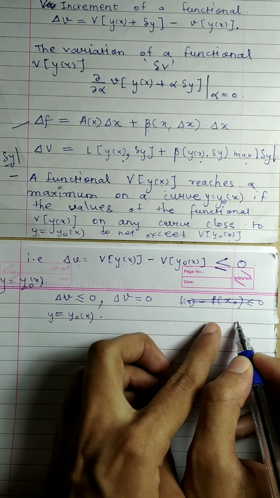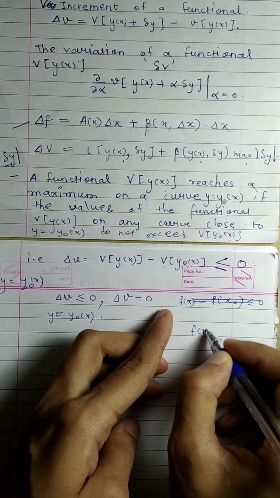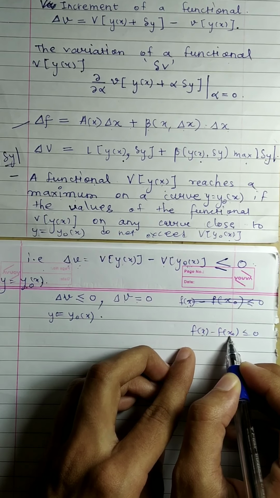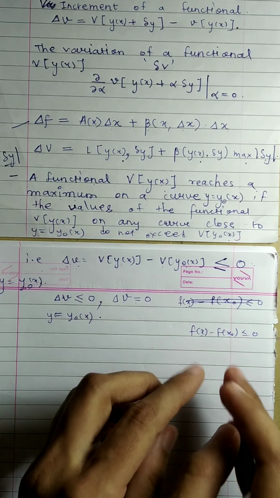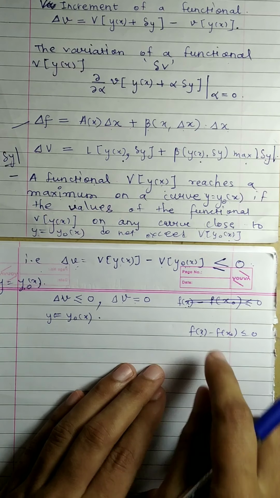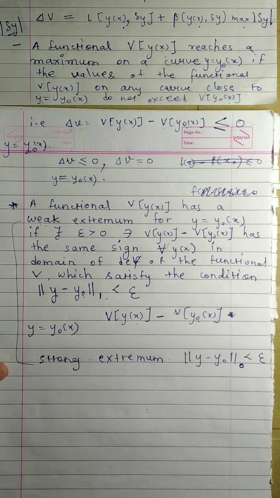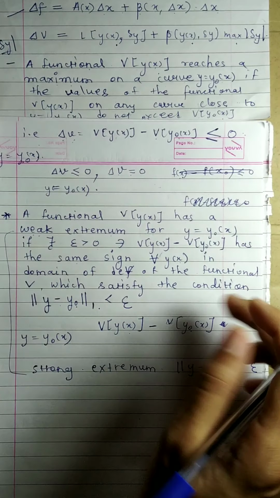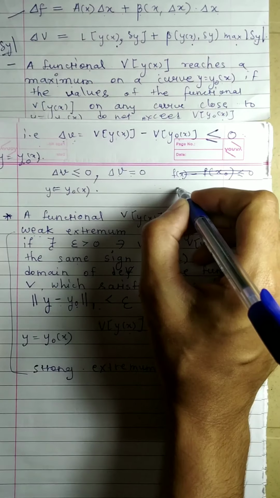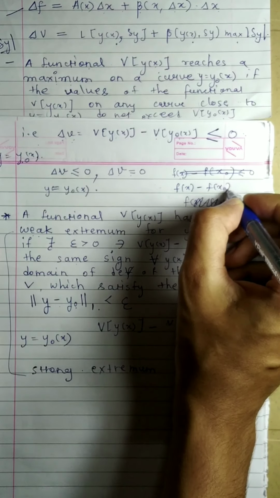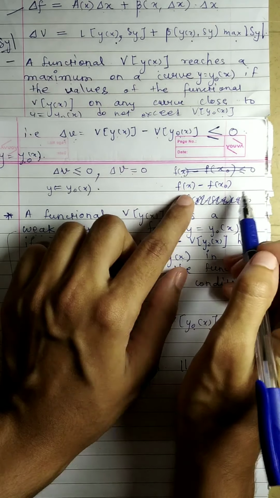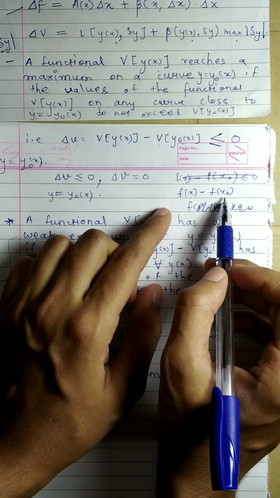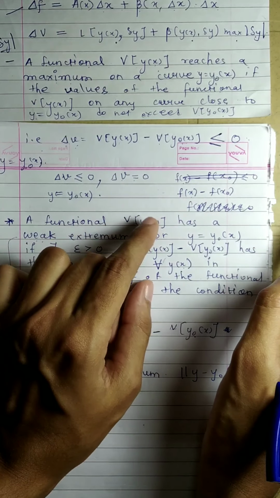If you are selecting x only in a small neighborhood around the point x naught and checking the conditions, then you will get the local maxima and minima. What I was saying is, for a function f of x and f at x naught, depending on where this x is varying, we call it a local maxima or minima or the overall maxima or minima.